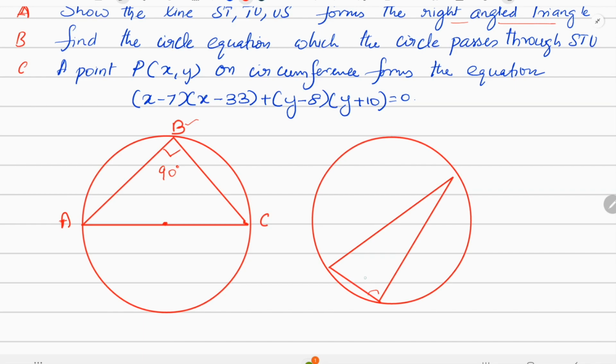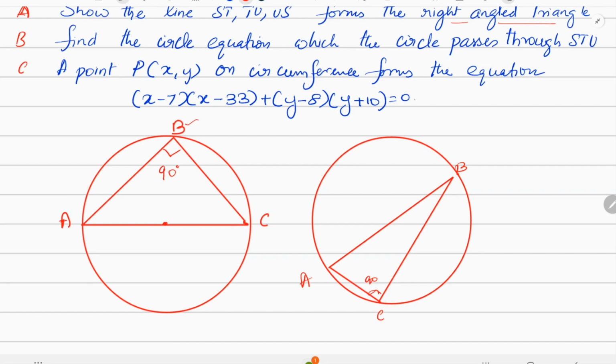This is the 90 degree. So this is side A, side B. If side A and B pass through the center and it is the diameter of the circle, then any point on the circumference, the third point, will form a 90 degree angle. Okay, this is the basic thing.